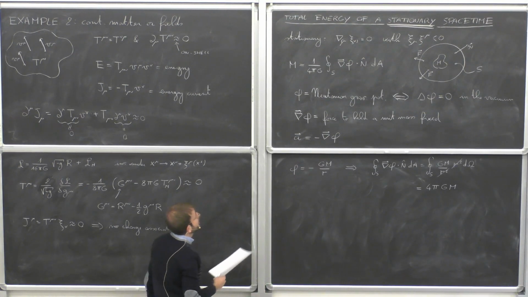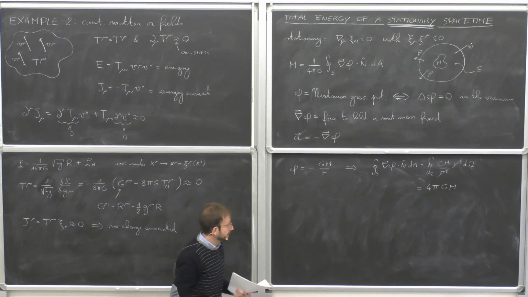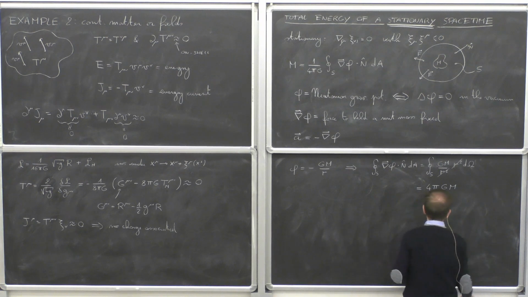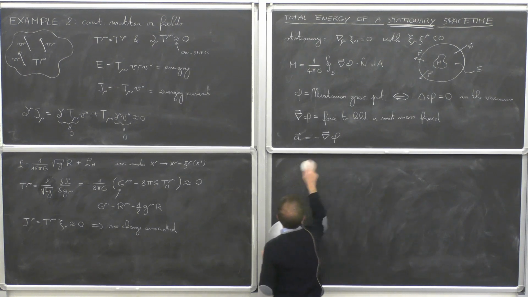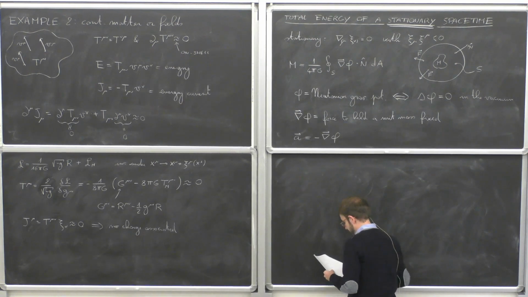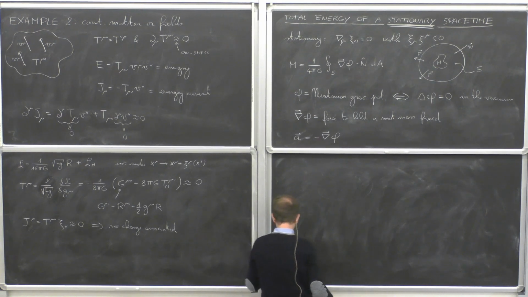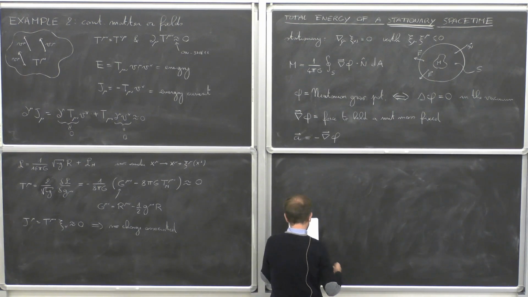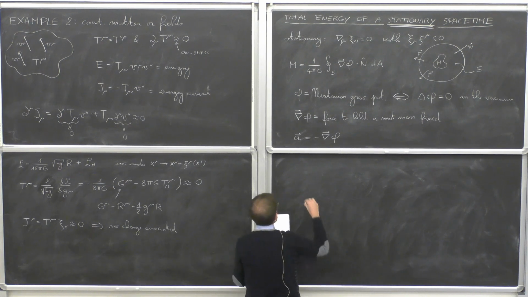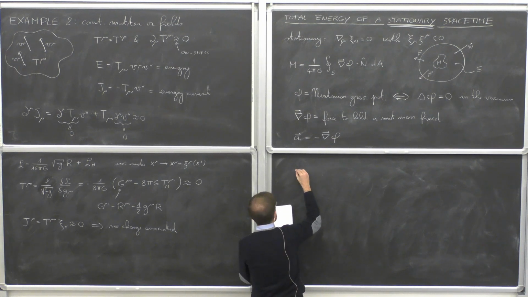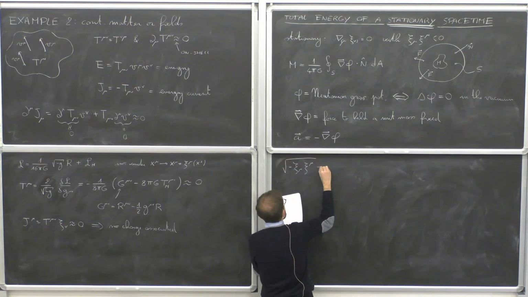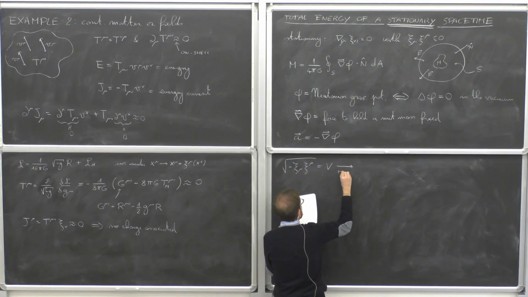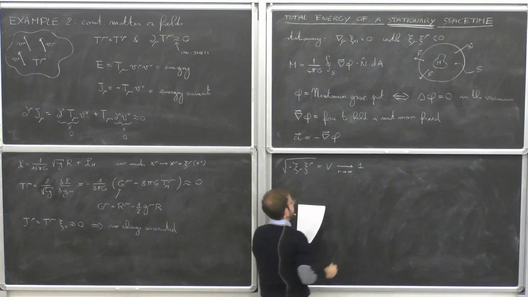Okay, so for the moment, I haven't profited from the fact that I really have a static solution, but now I will try to do it. As I've written, static solution means that I have a Killing vector, and I also normalize this Killing vector in such a way that xi mu, I define this quantity, and I want that at infinity this quantity tends to 1.